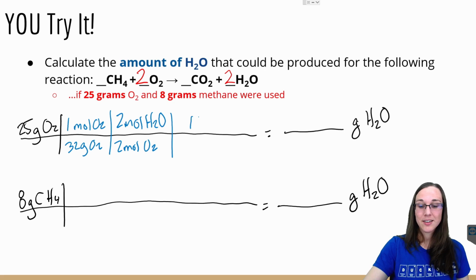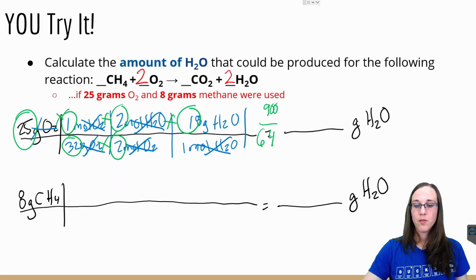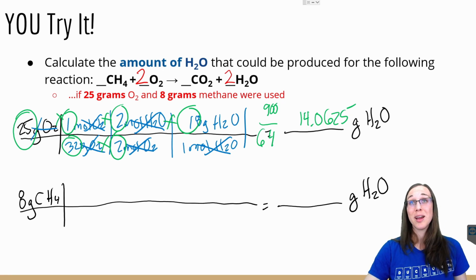So 18 grams of water per mole of water. We'll see that our grams cancel here, moles cancel here, mole of water cancels here, and I am left with my units, so I know I did it right. Let's plug and chug in the calculator. 1 minute, 37 seconds later. 14.0625 grams of water could be made with 25 grams of oxygen.